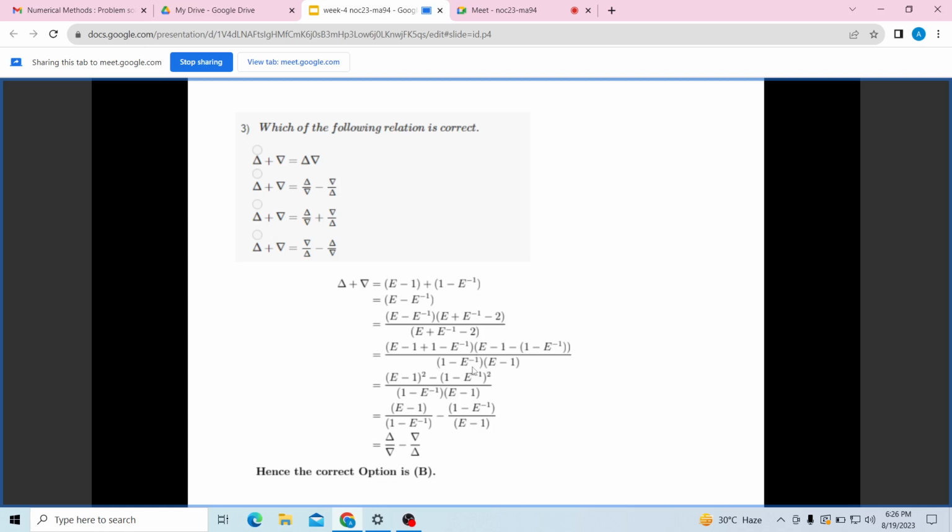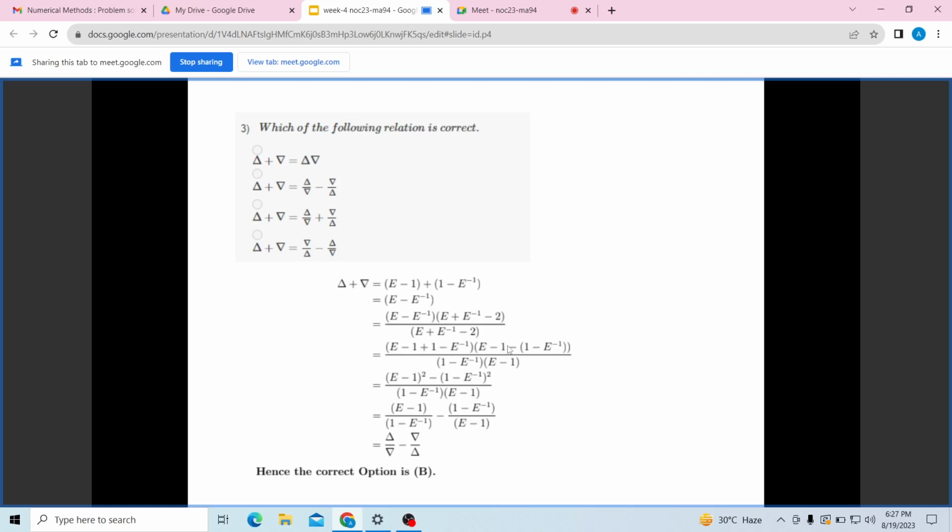Similarly below you can write it like this, 1 minus E inverse times E minus 1. Now when you see here, E minus 1 plus this term, right?